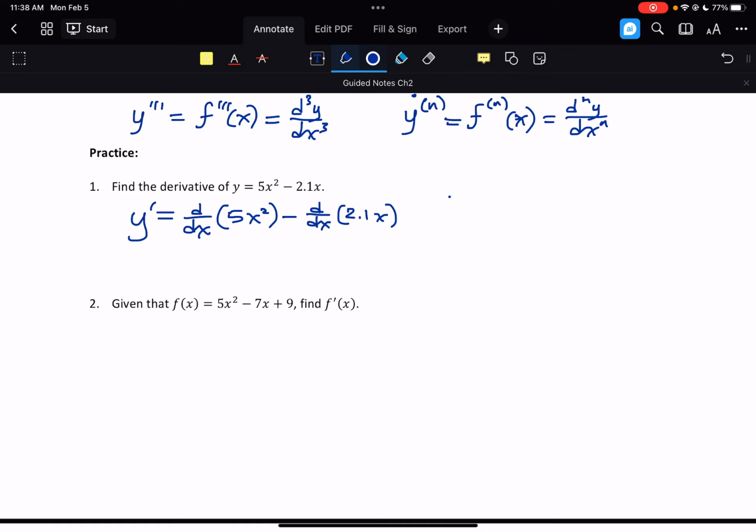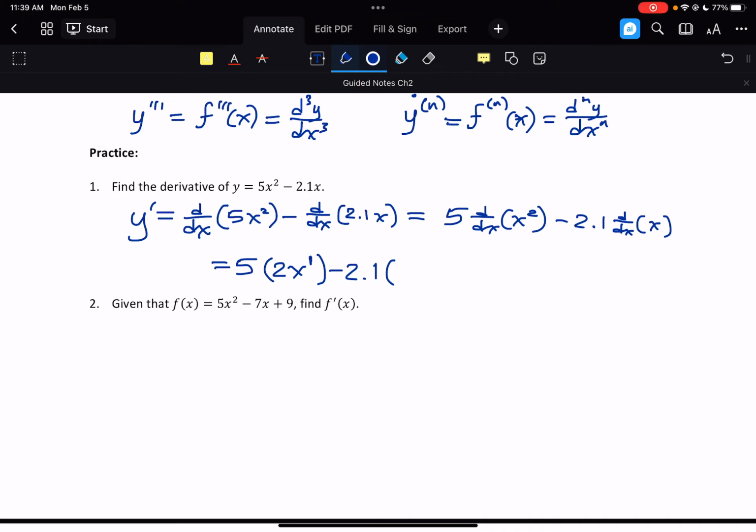We can pull constant multiples out of derivatives. So then for this first one, we would get 5 times derivative of x squared. So you bring down the 2, so that's 2x to the 2 minus 1, so that's 2x to the first. Minus 2.1 times the derivative of x.